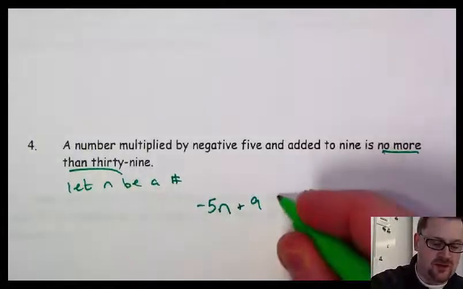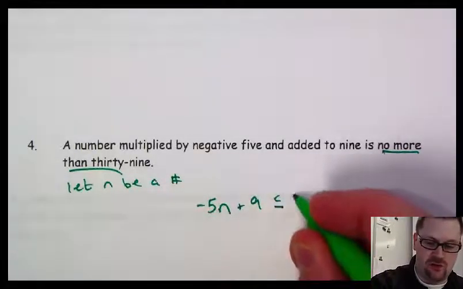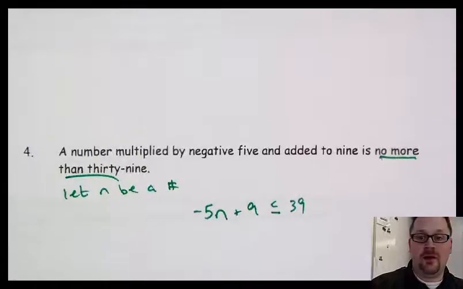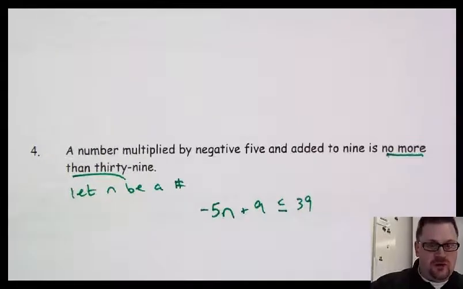Again, that really means it's going to be less than or equal to 39. And then you could do your work and your solve and graph your number line. Okay? So notice that so far anyway, the inequalities are not really working any differently than the regular equations did. You just might have something else to do at the end.